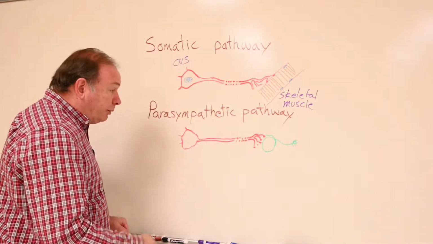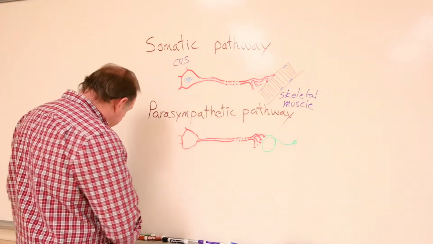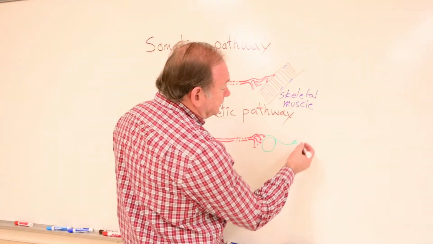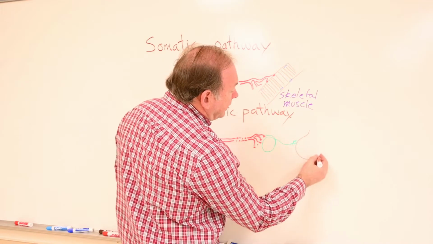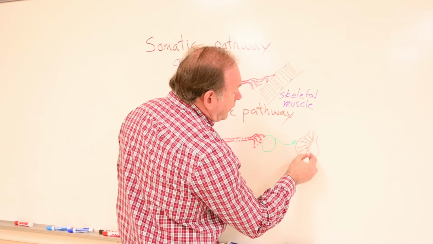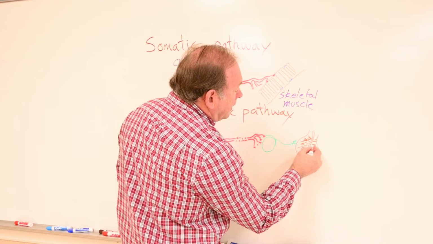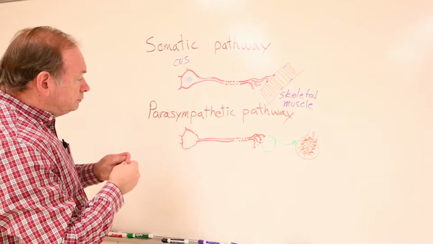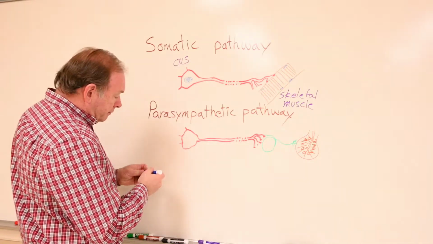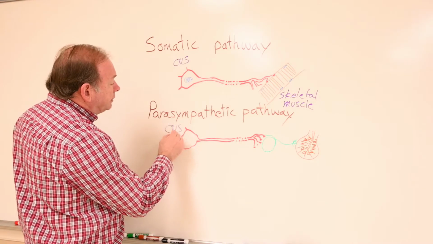The effector there could be smooth muscle or it could be a gland. So I'll draw in a gland out there on the far end to be the effector. So here's a gland here. So we start off in the central nervous system.